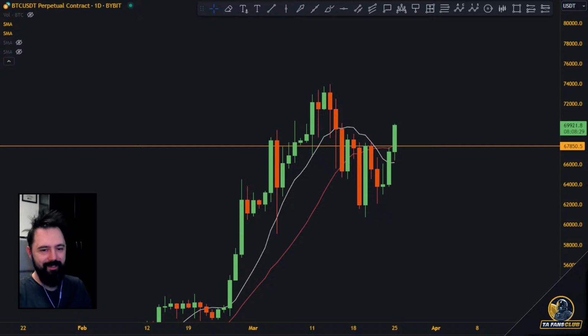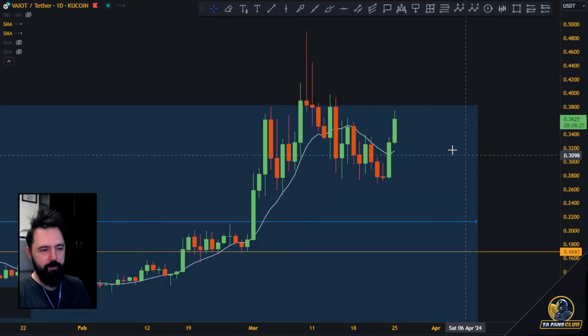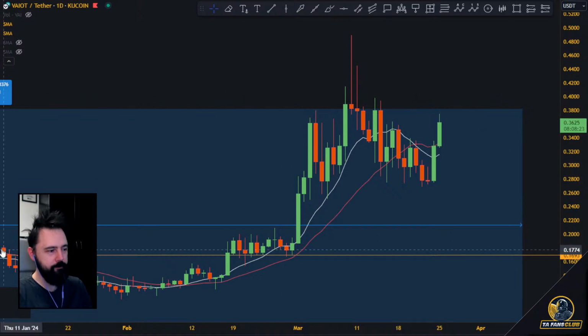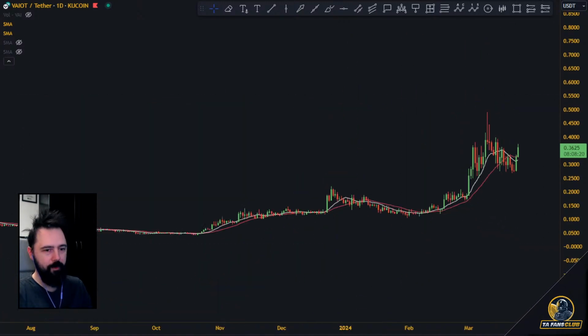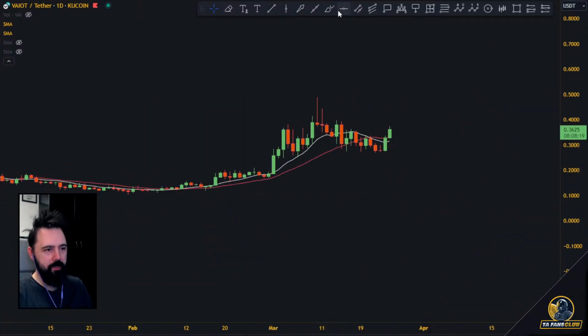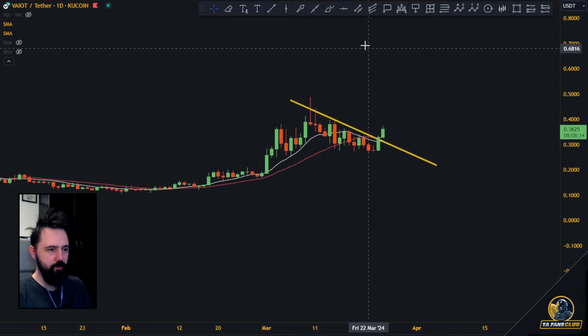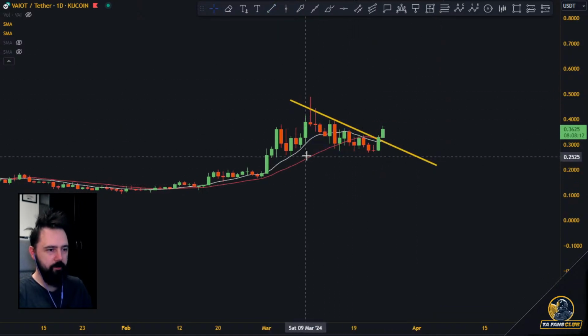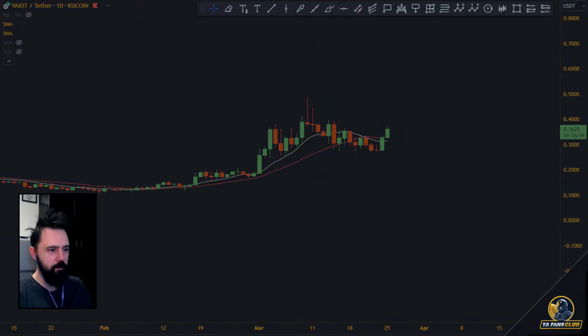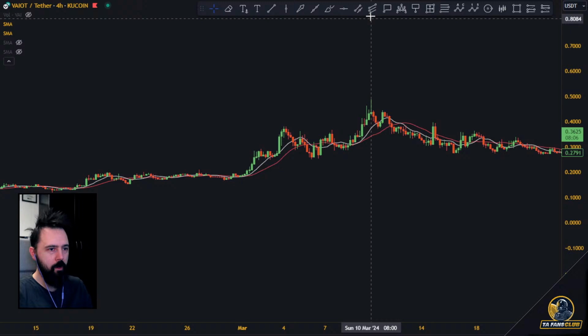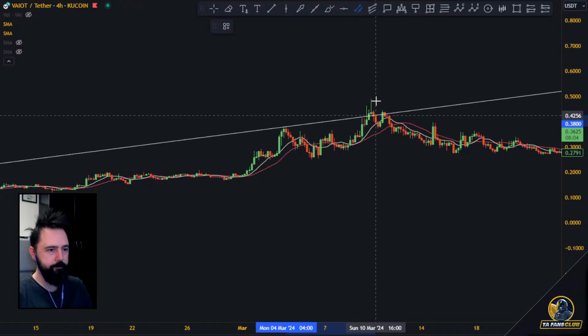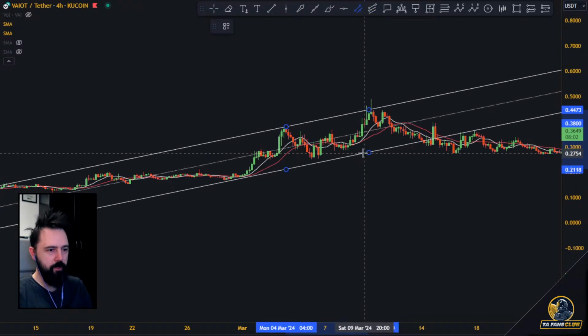scam coins. But what is pumping, guys? What is actually pumping right now? This is an AI coin that's right now been trending towards the downside over here. It's breaking the trend, but more importantly up here, there's some clarity.